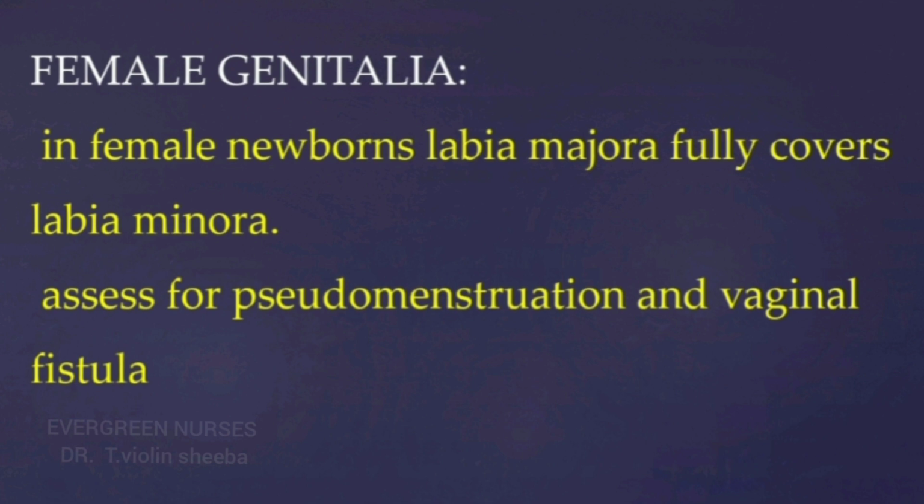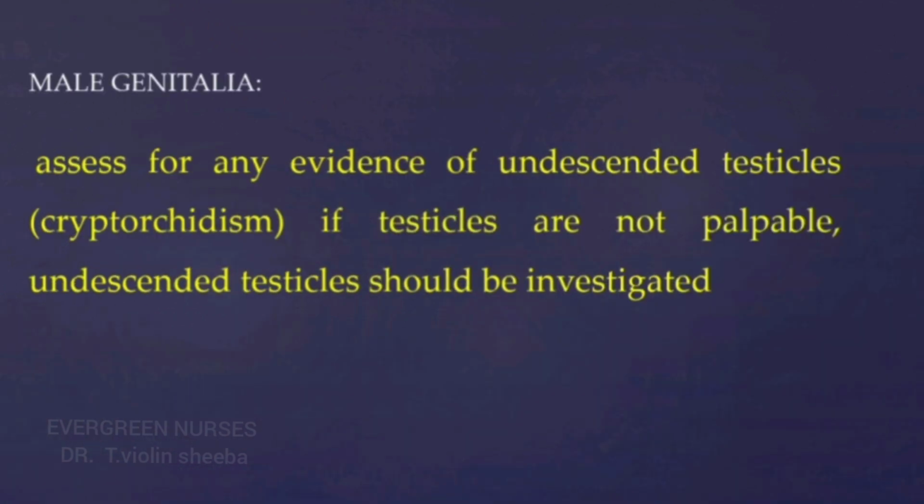Then in female genitalia we have to assess for pseudomenstruation. It is a rare condition, here the presence of vaginal bloody discharge. It is seen in female babies due to withdrawal of maternal hormone. After that, we have to assess for any abnormal connection like vaginal fistula.